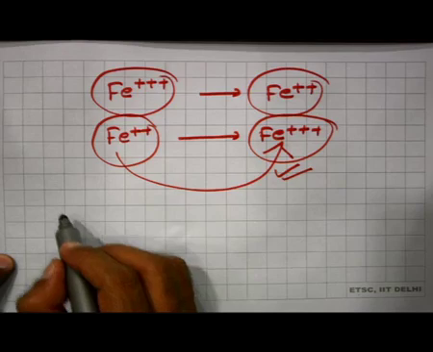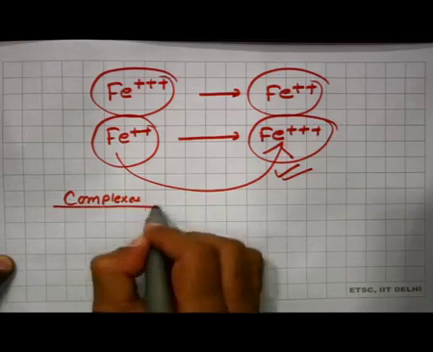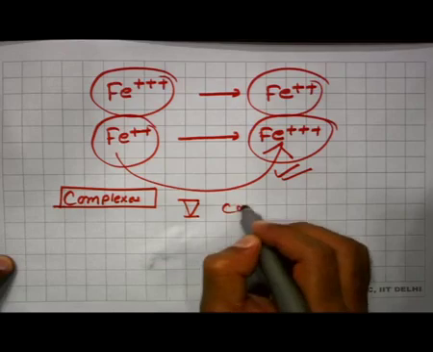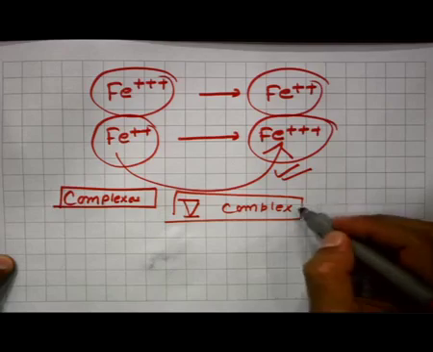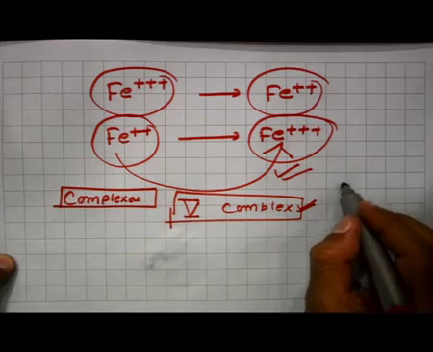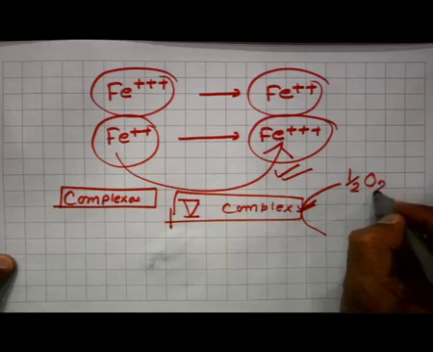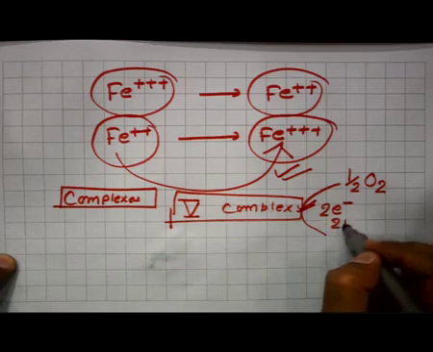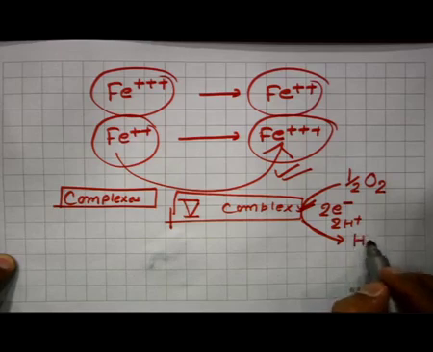These cytochromes form complexes, as I have already discussed. 5 types of complexes are there. At the end of these complexes, at complex 5, half a molecule of oxygen, electron and proton are converted into water.